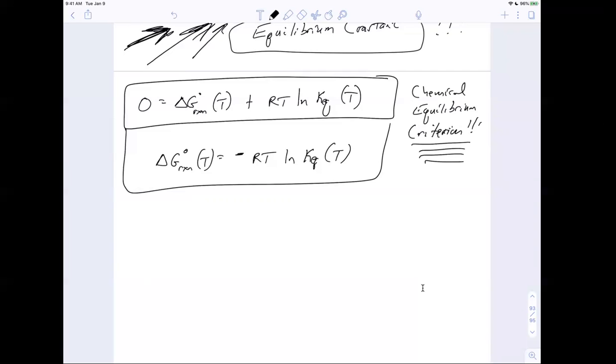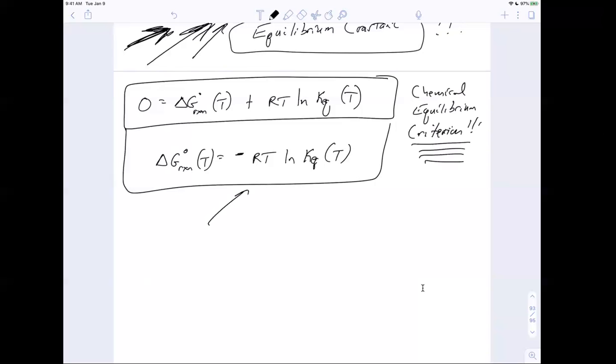And that chemical equilibrium criterion, remember, depended heavily on, I mean, I could trace this back all the way to the first law, but I'm not going to. It all goes back to the first and second laws. This equation can be traced back all the way to the first and second laws of thermodynamics, believe it or not, if you had the patience to do it.